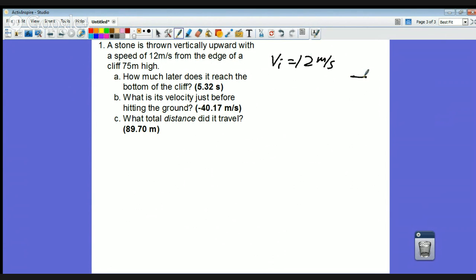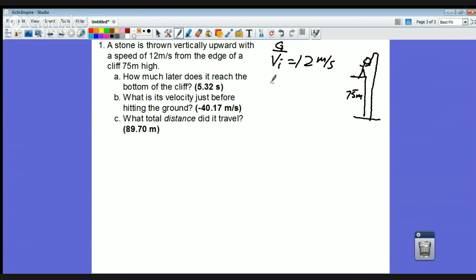So let's draw a little picture. Here's you over the cliff. Here's a cliff. The cliff is 75 meters high. And it's going to go up and then come down. So the initial velocity is going up, so we call that positive, but you'll see in a minute that it doesn't really matter.